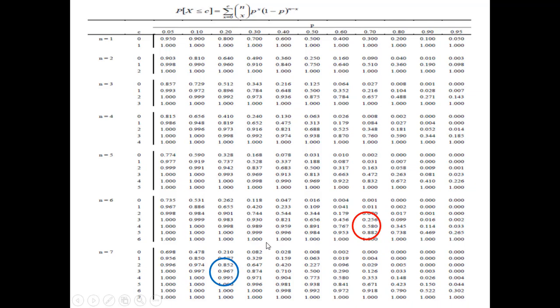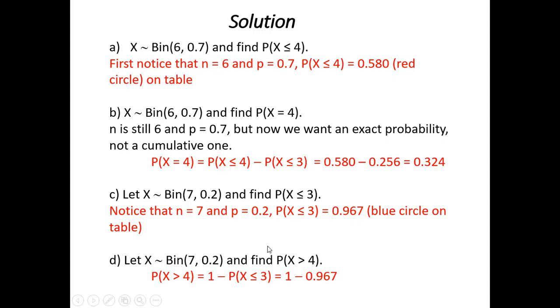Okay, in the next part, we're asking to find the probability x is greater than 4. So to do that, we use the complement, since the table only gives us less than or equal type probabilities or cumulatives. So we convert this using the complement. So this becomes 1 minus the probability x is less than or equal to 3. So we look up the cumulative for 3.